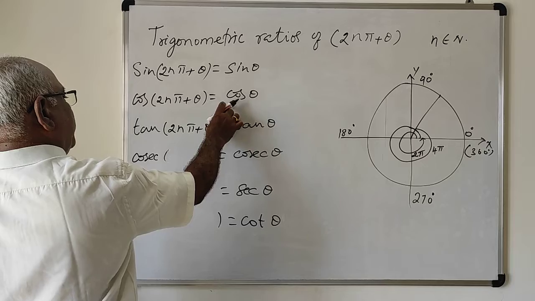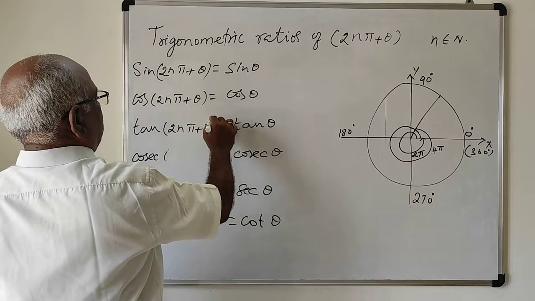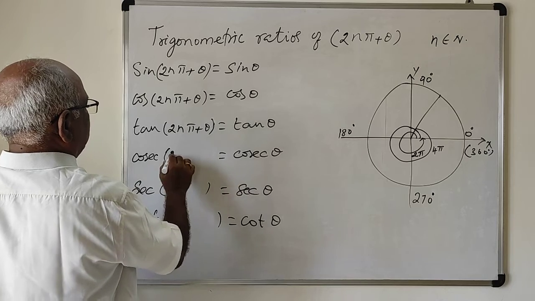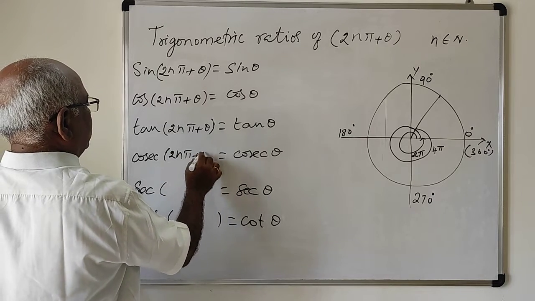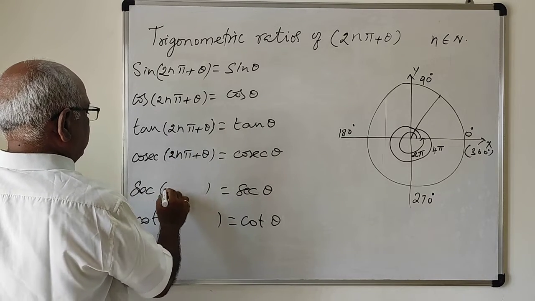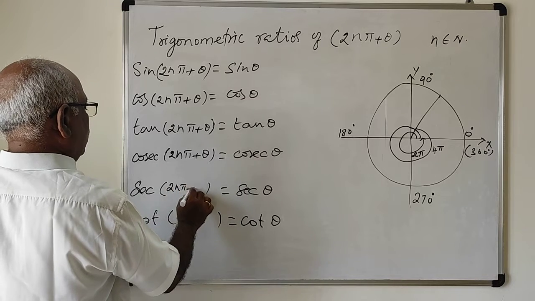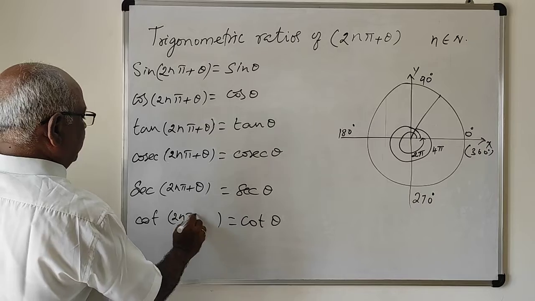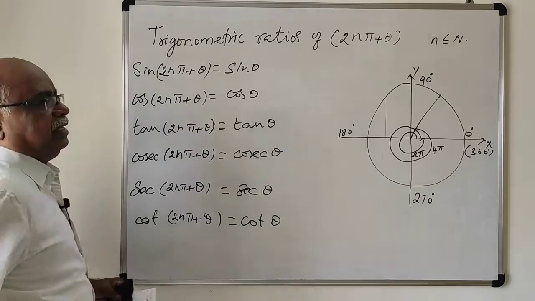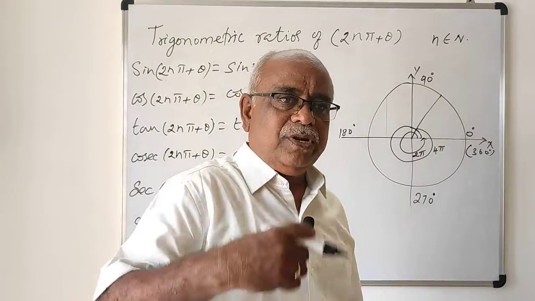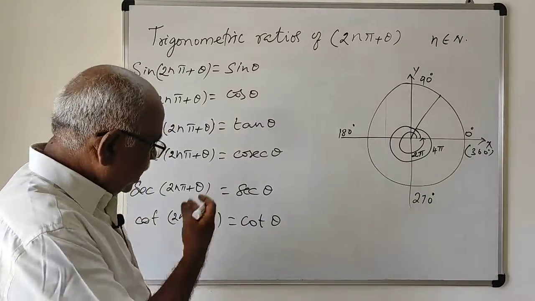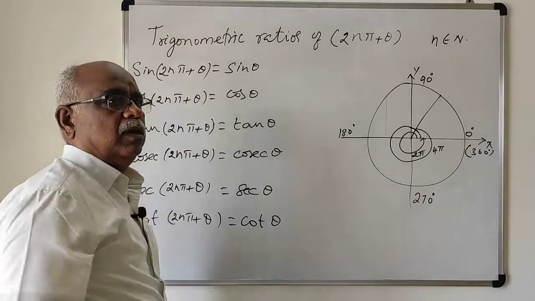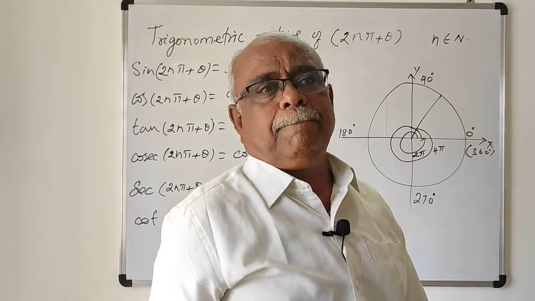N indicates the number of rotations. Cosecant 2n pi plus theta is cosecant theta. Secant 2n pi plus theta is secant theta. Cot 2n pi plus theta is also cot theta. Like that, if you increase the number of rotations, it is again in the first quadrant, and the same ratios are expressed like this only.